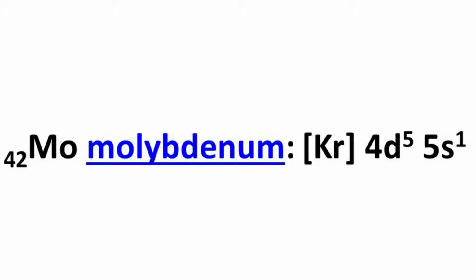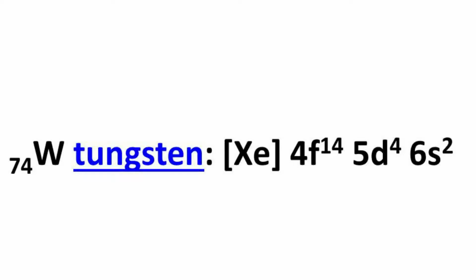For molybdenum also, as per our expectation, the configuration is 4d5 5s1. But for tungsten, 5d5 6s1, the configuration expected in accordance with chromium and molybdenum, is not there.